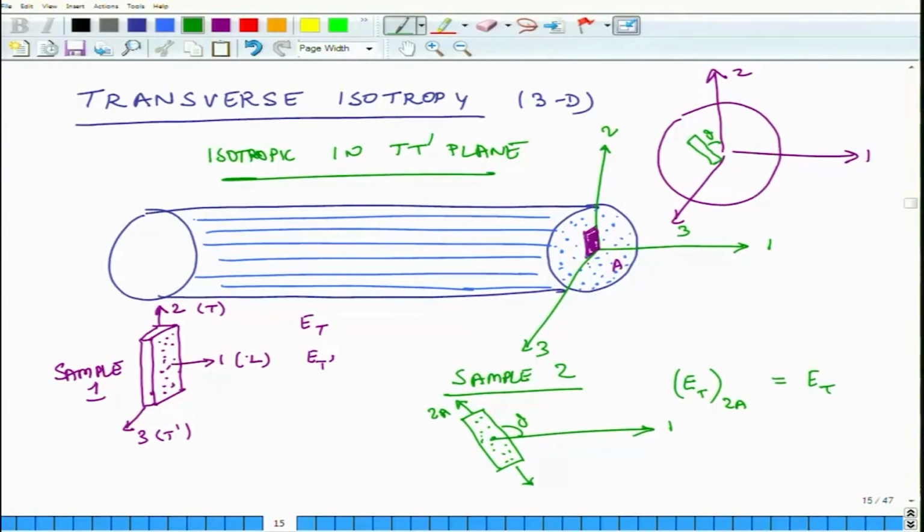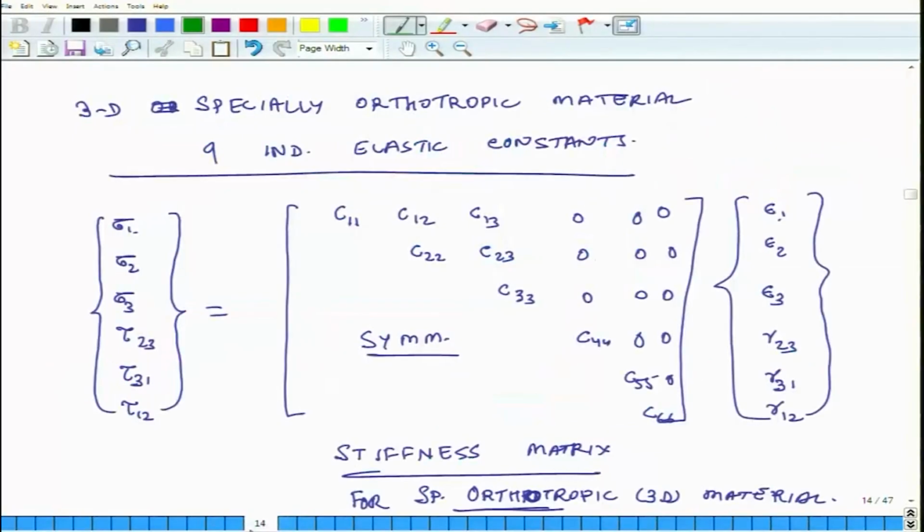And if the material is transversely isotropic, then we have to see what further simplifications we can make. Suppose the material is transversely isotropic, then C22 and C33 will be the same, because 2 corresponds to the T axis and 3 corresponds to the T prime axis.